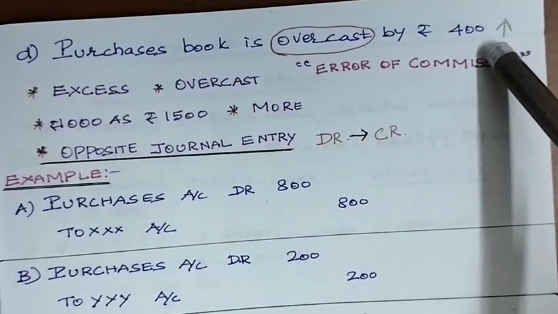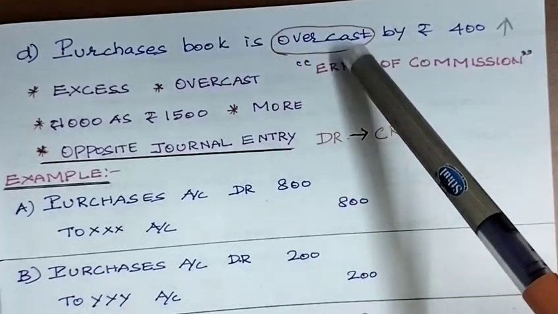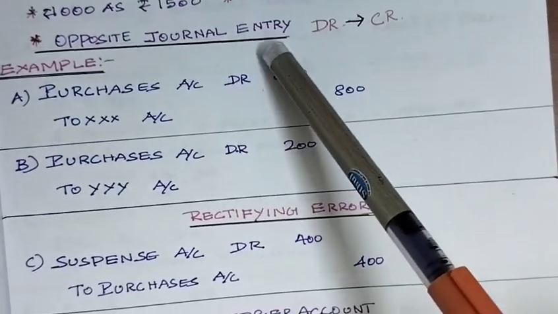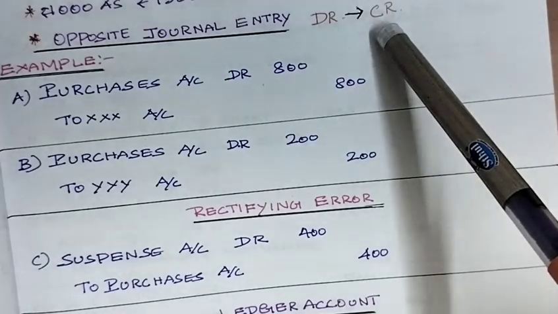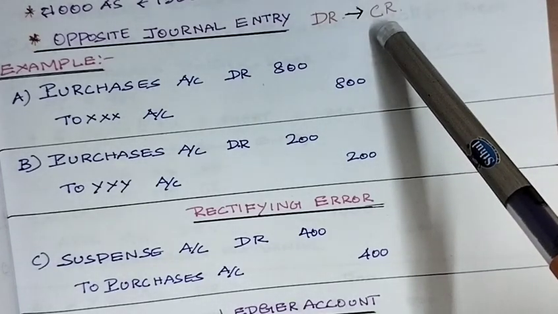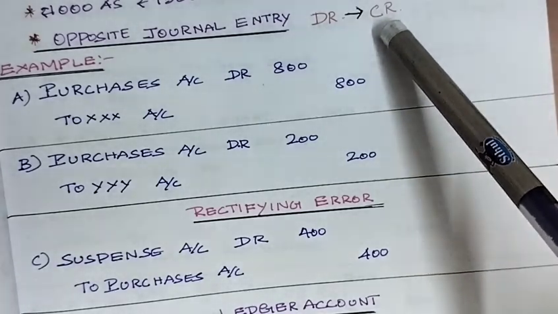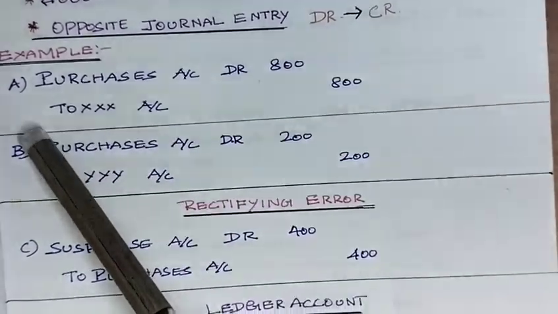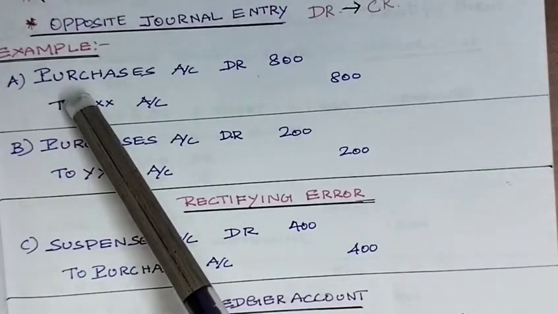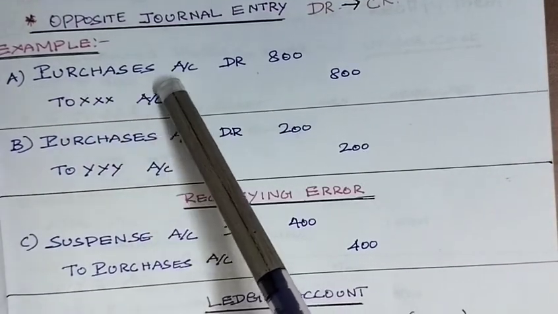Where you see the over cost, you should follow the opposite journal entry, which means debtor becomes creditor in the opposite journal entry. Listen, I will explain you some examples. As usual in the original entry, purchases account shows on the debit side.